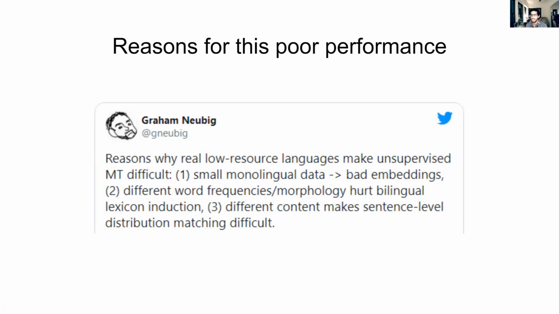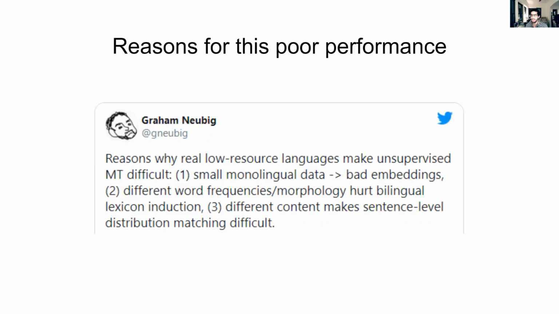Graham summarized it very nicely in a tweet here: if you have truly low resource languages, then you have smaller monolingual data. Monolingual data is also hard to come by. So you get bad embeddings. You need millions or hundreds of millions of words to train a good word embedding model. If you have bad embeddings, you have bad cross-lingual embeddings.